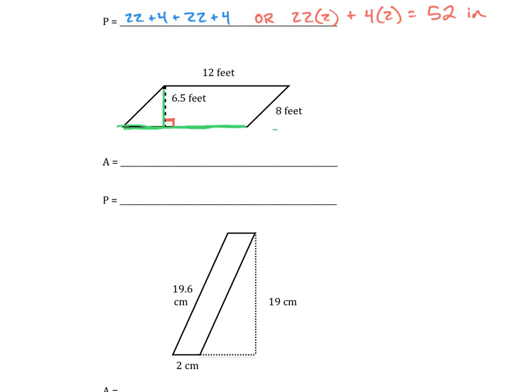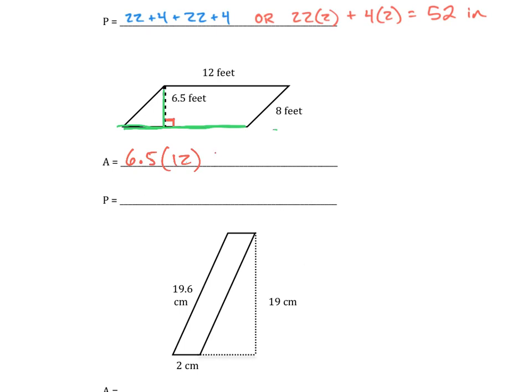You look at this parallelogram and you think, oh, it's just 12 times 8. But that is not true. It's 12 times 6.5 because the height is always a line segment that's perpendicular to the base. Okay, the height is 6.5, the base is 12.